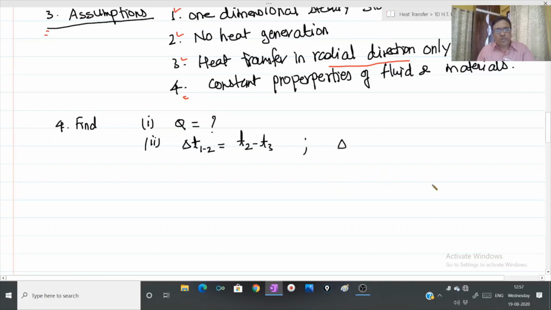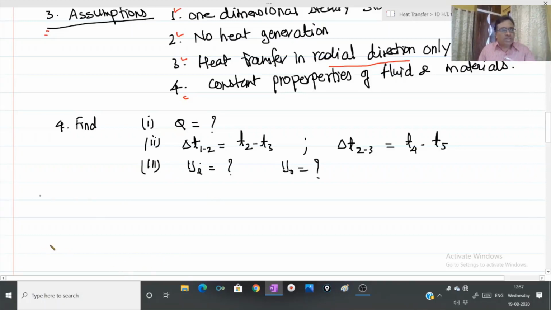Similarly, the temperature drop at the interface 2 3, which is nothing but T4 minus T5. And finally, we have to calculate the overall heat transfer coefficient based upon the inner area and the overall heat transfer coefficient based upon the outer area.